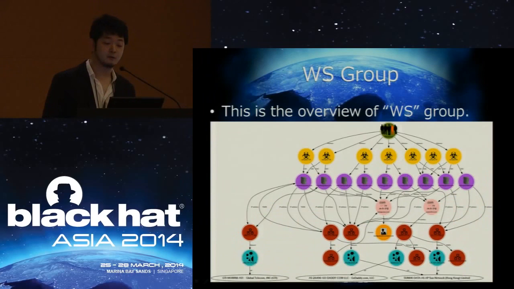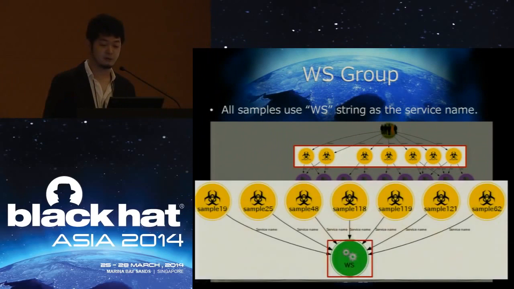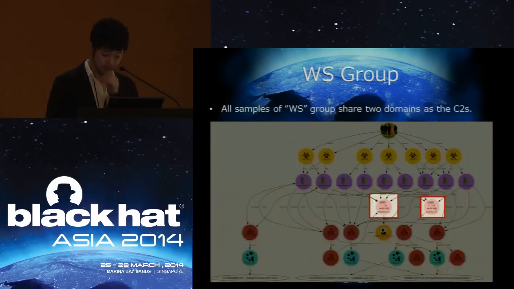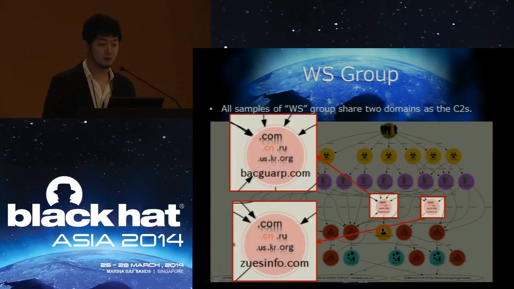This is the overview of WS group. All samples use a WS string as the service name, like this. All samples of WS group share 2 domains, backgap.com and zesinfo.com. This is also a characteristic of WS group.